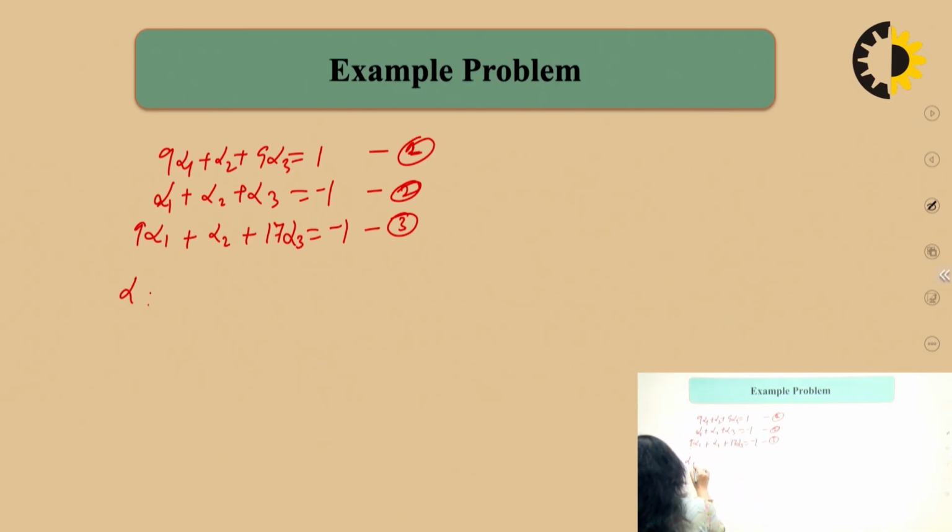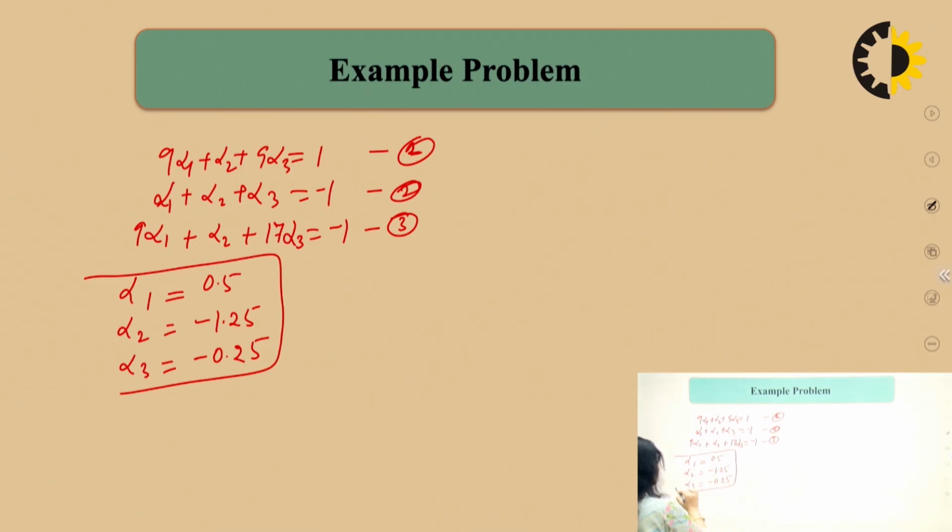In this case, when we solve, alpha 1 will come to 0.5, alpha 2 will come to -1.25, then alpha 3 will come to -0.25.